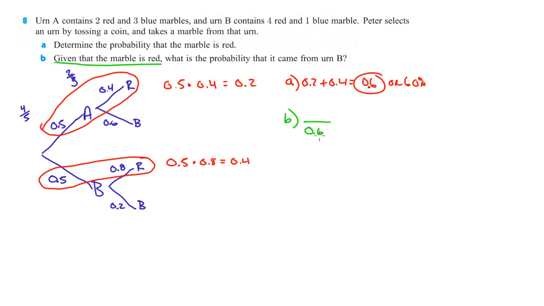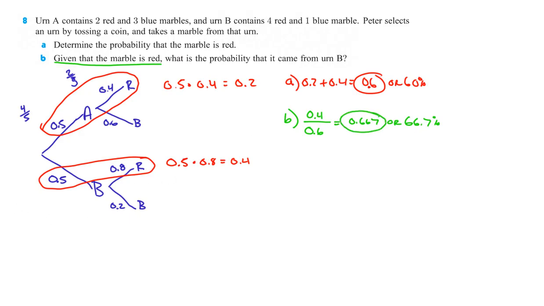So 60% of the time it's going to be red, but we know it's red. Now, what's the probability that it came from urn B? That would be the 0.4. So we would take 0.4 divided by 0.6, and that is going to be 2/3, which is 0.667, or 66.7%, either way you want to look at it.